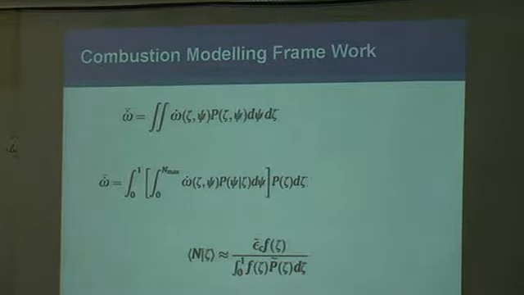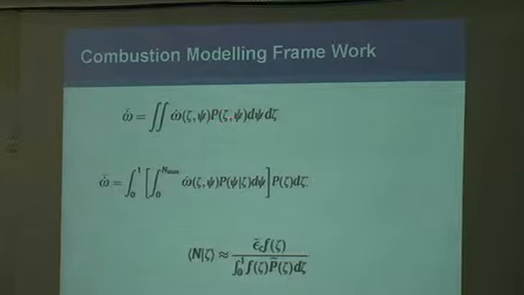So the way we approach this problem is that the mean reaction rate is again integrated twice. One is over the progress variable, and psi is the sample space variable for the scalar dissipation rate. Then we do not assume the joint PDF, the progress variable and its gradient, to be statistically independent.